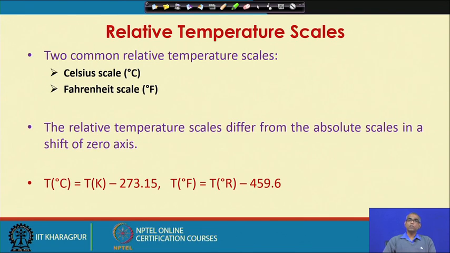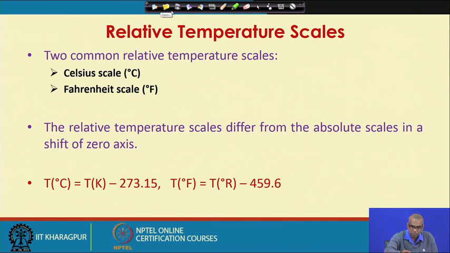That is done only by the absolute scales, Kelvin and Rankine. Celsius and Fahrenheit are relative temperature scales, and they differ from absolute temperature scales in a shift of the 0 axis.